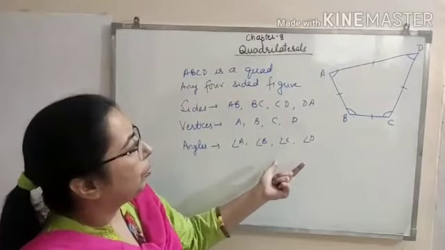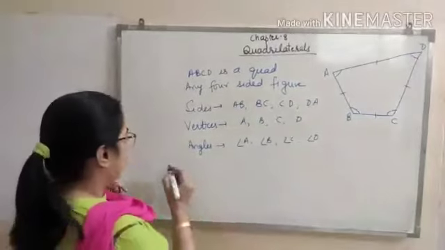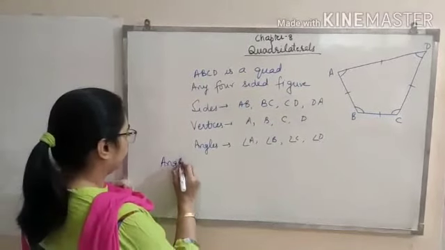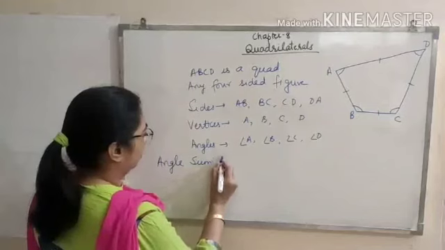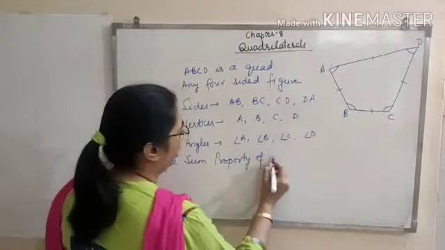Now we have to prove the angle sum property of a quadrilateral. What is the angle sum property of a quadrilateral?